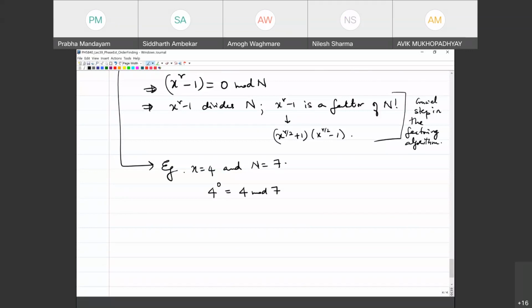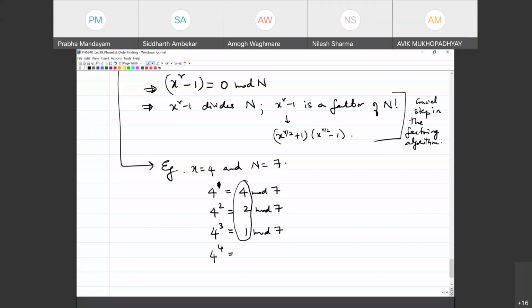What is 4 squared? 2 mod 7. Correct. For cube, 1 mod 7, exactly. So now you'll start seeing that if you do 4 to the 4 and so on, this will actually cycle through these three numbers, 1, 2, and 4.